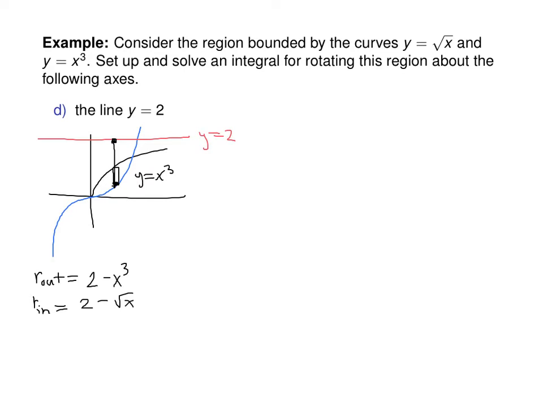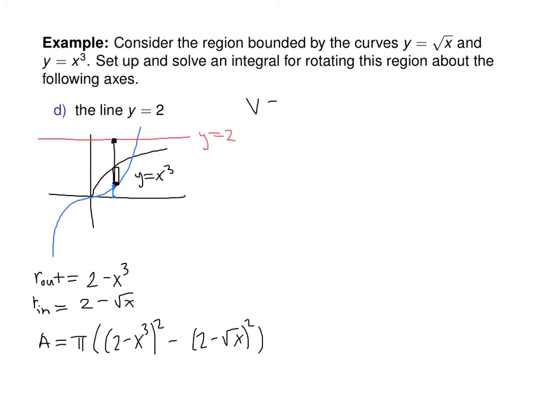You should remember that x cubed is the distance from there to there, so 2 minus it gives you the length of that black line. So the area of a slice is pi times (2 minus x cubed) quantity squared, minus (2 minus root x) quantity squared.